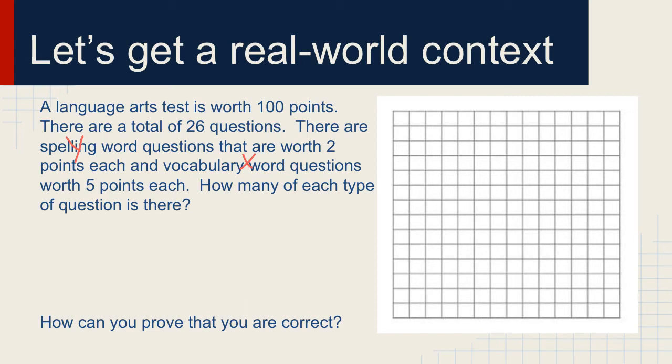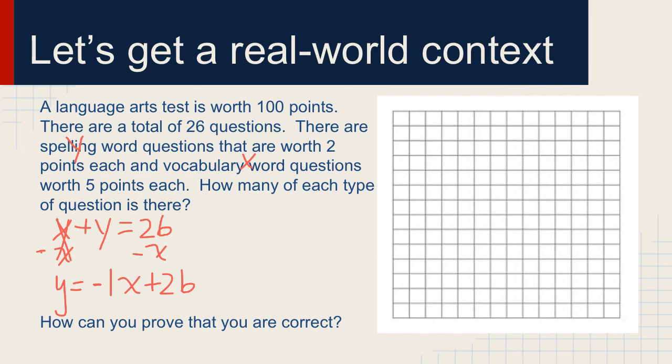So the vocabulary and the spelling together have to equal 26 questions. So to solve that for y, I would subtract x from both sides, and I'd have y equals negative 1x plus 26.